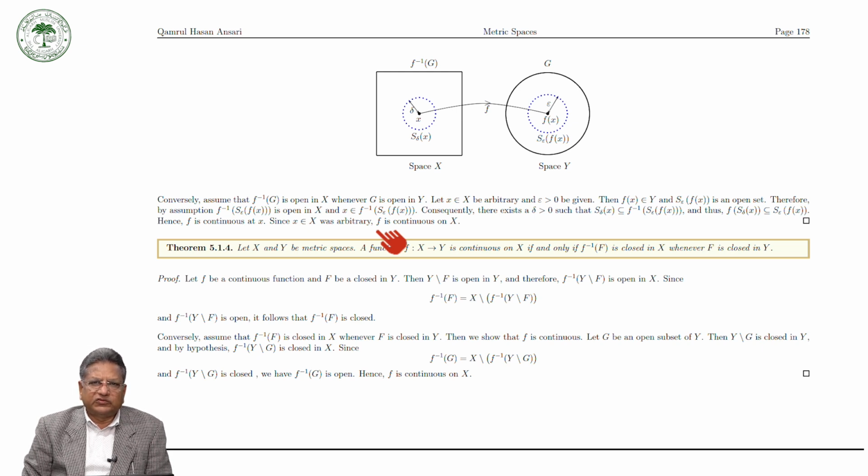Now since we have already proved that the complement of an open set is a closed set, this characterization can be seen as: a function f from a metric space X to another metric space Y is continuous on X if and only if the inverse image of a closed set in Y is closed in X. So F inverse of F is closed in X whenever F is closed in Y. This can be proved in view of the previous result.